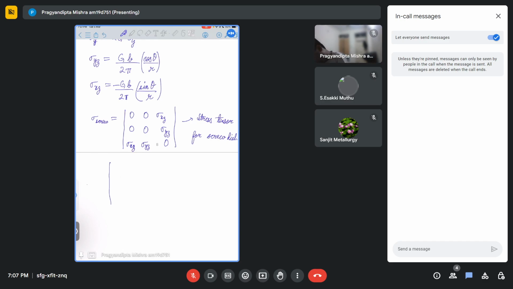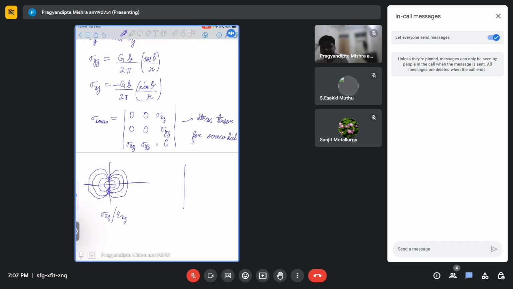For xz, the field will look something like this. So this is sigma xz. Even epsilon xz will look like this.